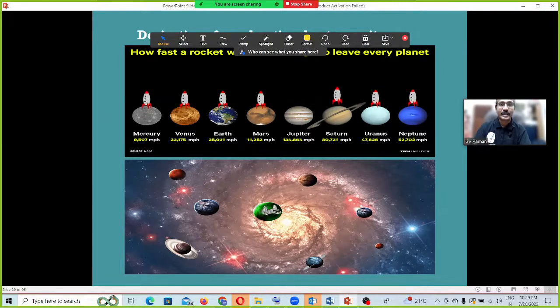So if you launch a rocket from each planet, it depends on the gravitational force of the planet. If you launch a rocket on Jupiter, it goes very fast compared with the others. And Saturn, Uranus, Neptune, it depends on the gravitational forces there for the rocket launching.